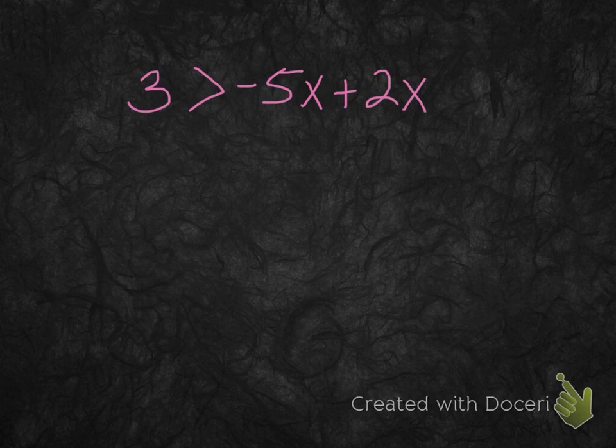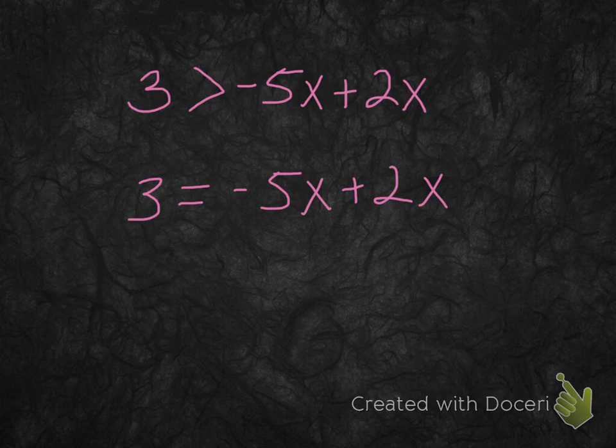And let's ask ourselves, how is this different than 3 equals negative 5x plus 2x? Well, it differs in one major way. Let's take a look at what 3 equals negative 5x plus 2x actually gives us in terms of what x is equal to.